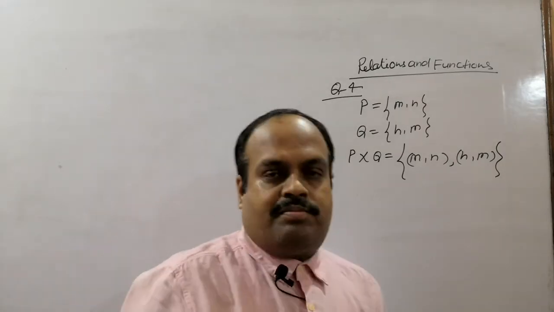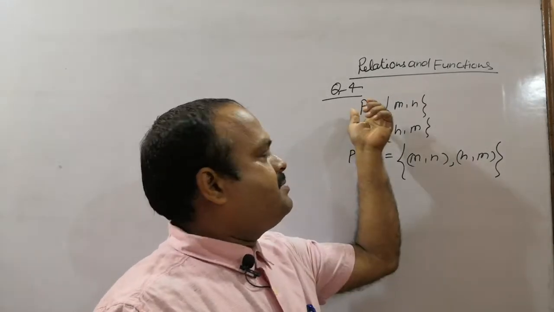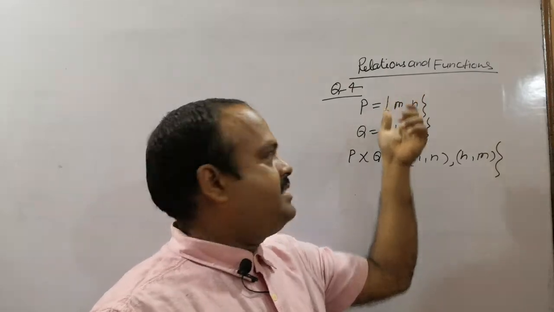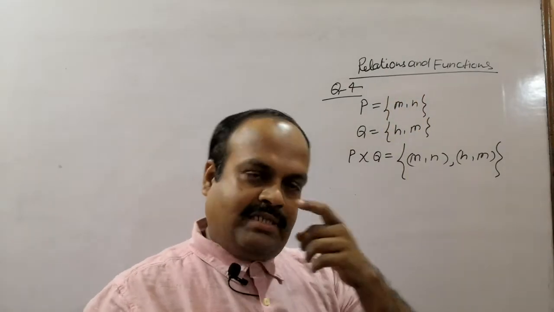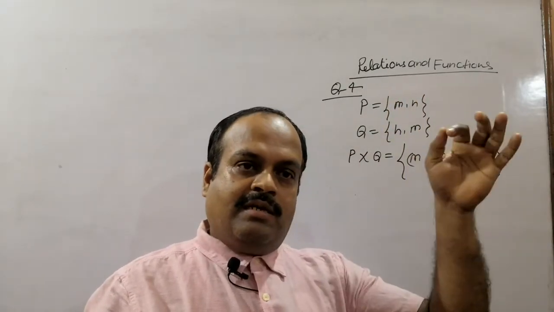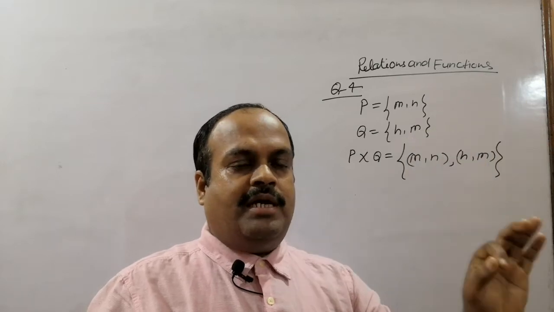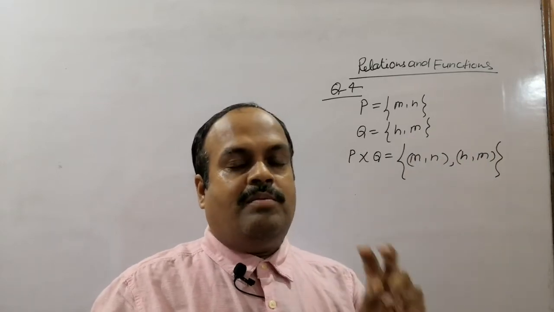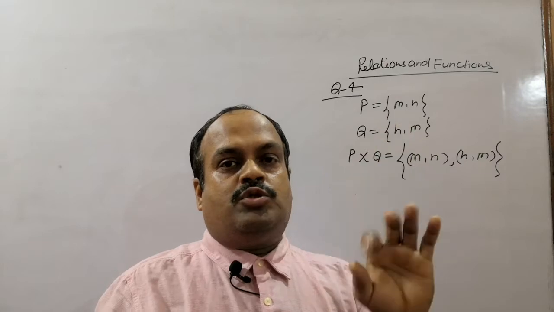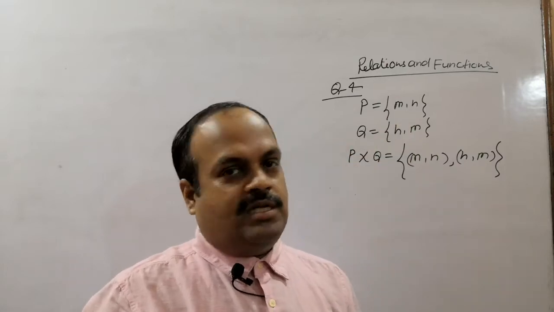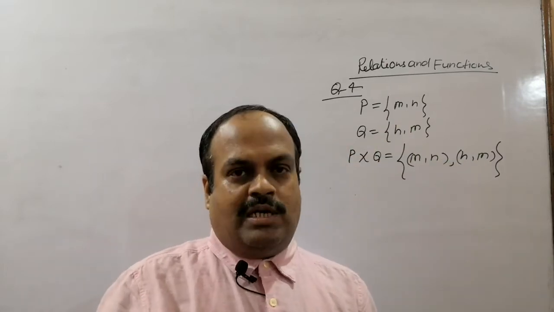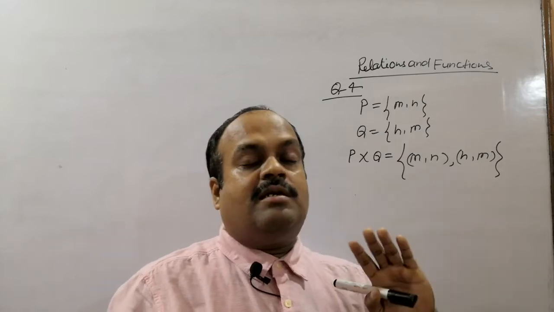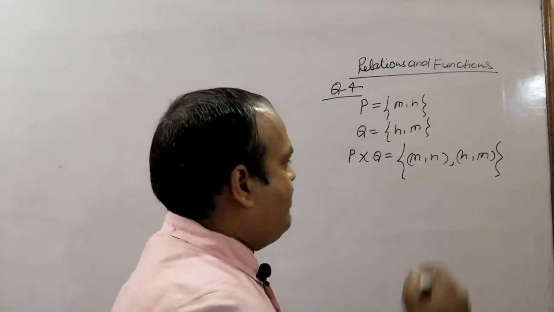I hope you know that if set P has 2 elements and set Q has 2 elements, then the Cartesian product of P and Q will have 2 into 2, 4 elements. So here we have 2 elements only. So this statement is not true. This is false.